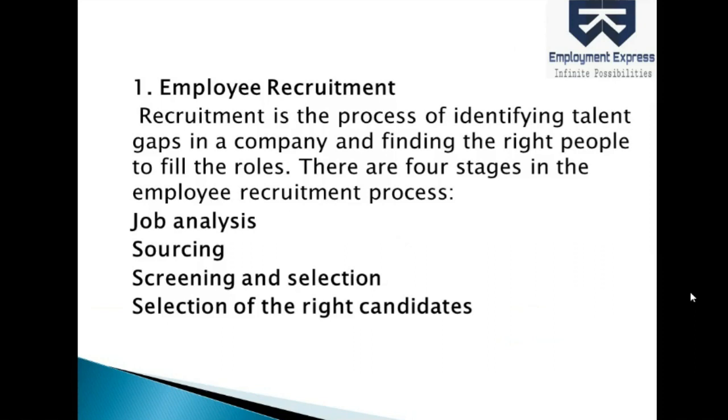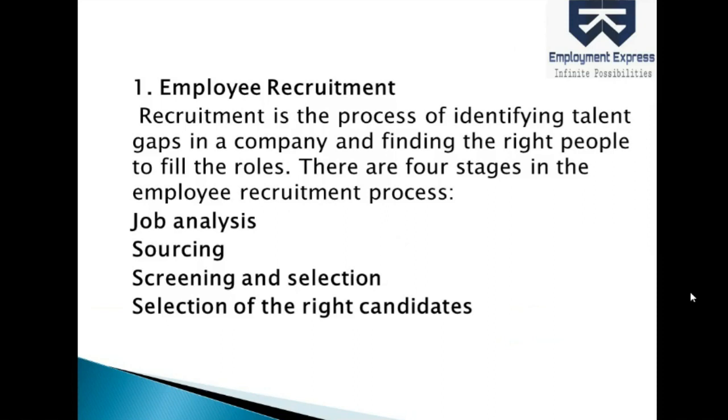We can do this online, which we call e-recruitment, and we can do campus hiring if we need bulk hiring. We can also start a walk-in interview. We can tell our employees that we are hiring for this post, so if any relatives or people they know are going to join the company, they can come for the interview.